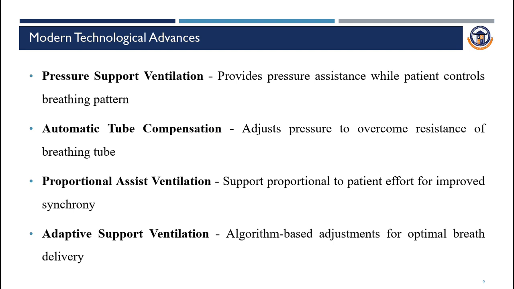These modern ventilators allow for continued respiratory support during patient transport between facilities or departments and enable ventilation in resource limited settings. Artificial intelligence algorithms now help predict patient responses, suggest optimal settings, and automatically adjust the parameters based on changing patient conditions.